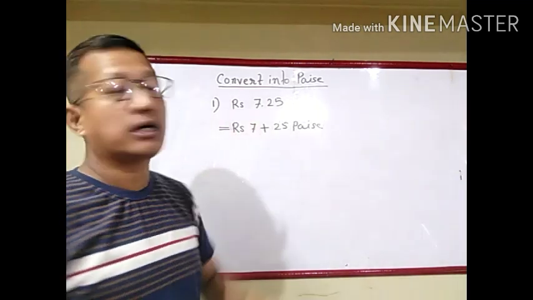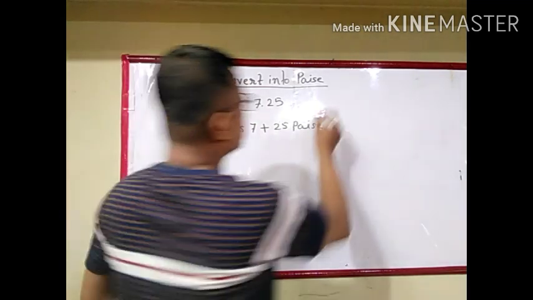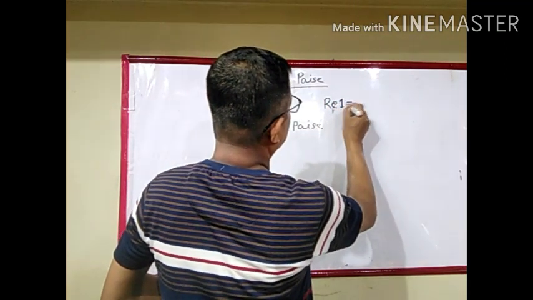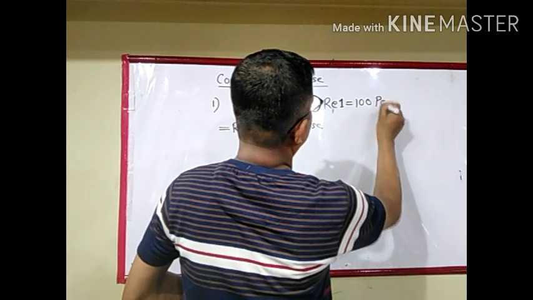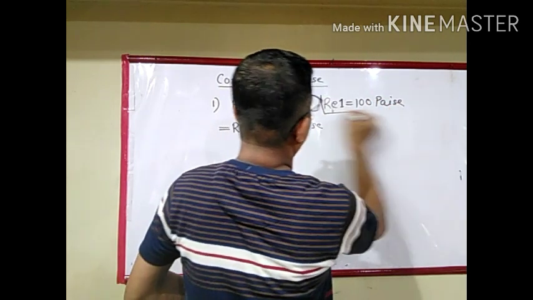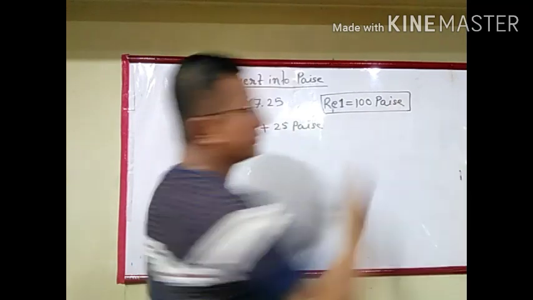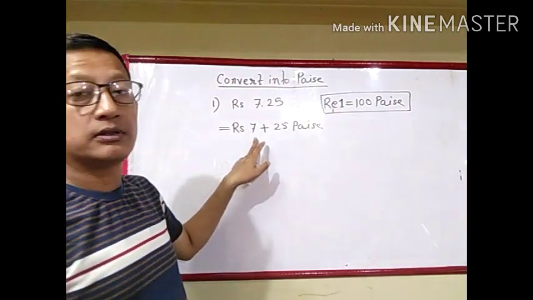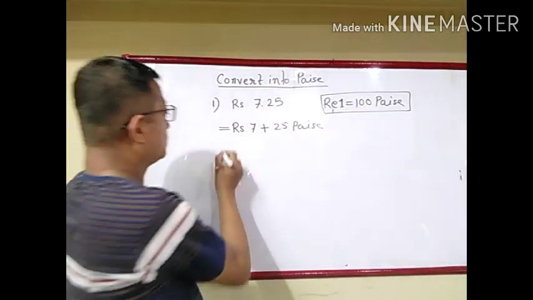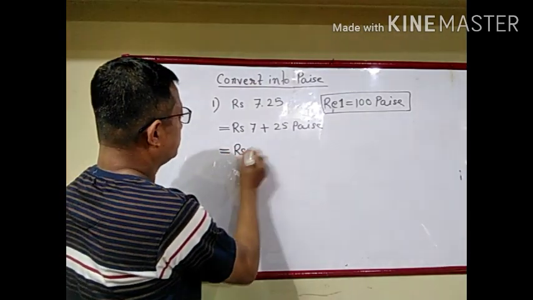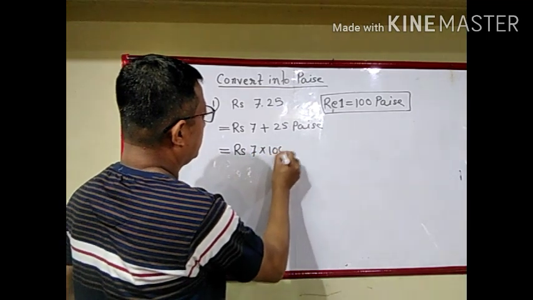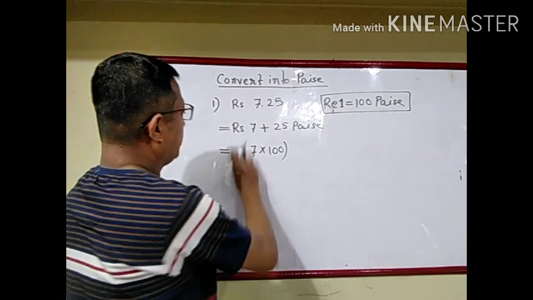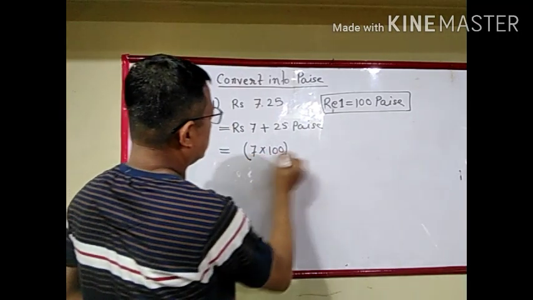So 7 rupees equal how many pies? Rupee 1 equals 100 pies. All of you know this? So 7 rupees equals 7 into 100. So you can write here, rupees 7 into 100, this much is the pies.